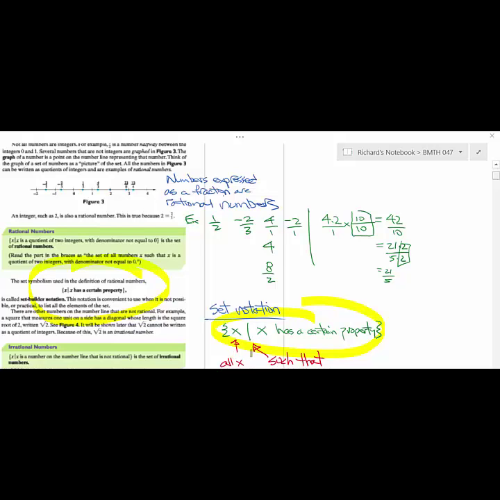The vertical line you read as "such that," and then you read what comes after the vertical line. So this example of set notation would be "all X such that X has a certain property." It could be all X such that X is a member of the set of whole numbers, or all X such that X is a member of the set of rational numbers. More about this later when we actually start graphing numbers on a number line.